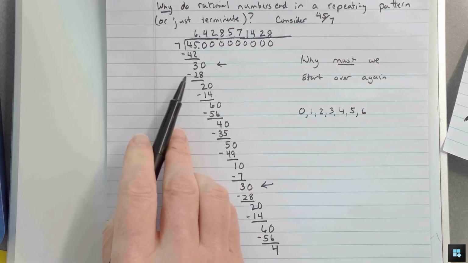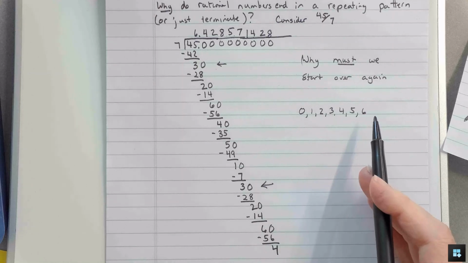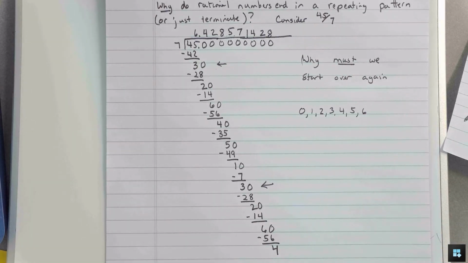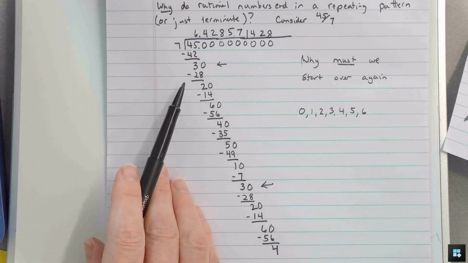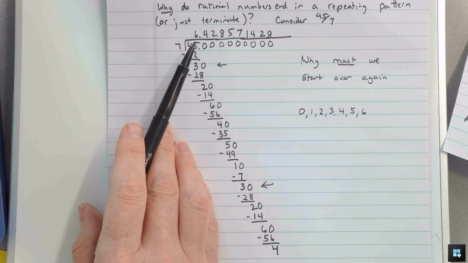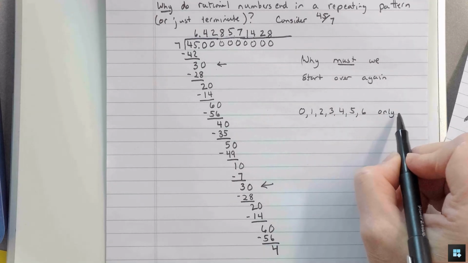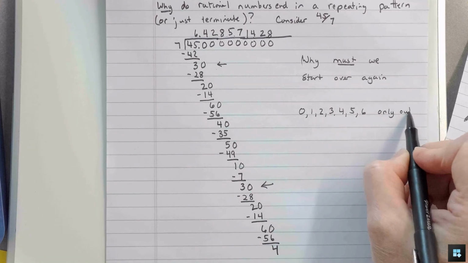So these numbers, when I subtract, I got a 3 here, 2, 6. What would it have meant if I got a 7 or 8 or a 9 or 10 when I subtracted? I did something wrong, right? When you subtract, if you get a 7 or 8 or 9 or 10, you didn't pick a big enough number up here to multiply by. So these are the only choices when you subtract, the only outcomes.